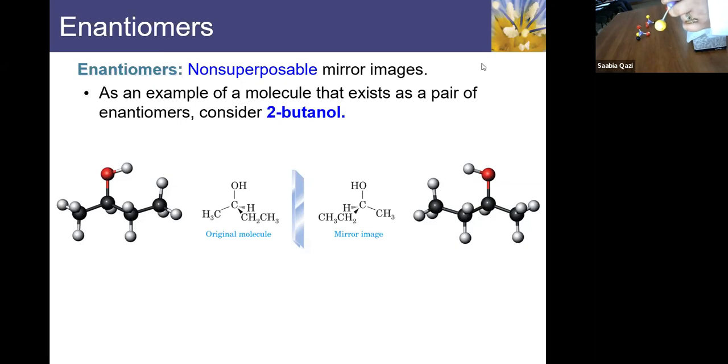Do you understand what I'm trying to say? So these two will be called stereoisomers. Stereoisomers have the same molecular formula, same connectivity, same number of atoms, same bonds, same functional groups, same physical properties, same chemical properties, but they only differ in how they are arranged in 3D, in their spatial arrangement.